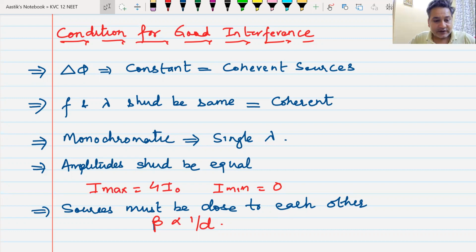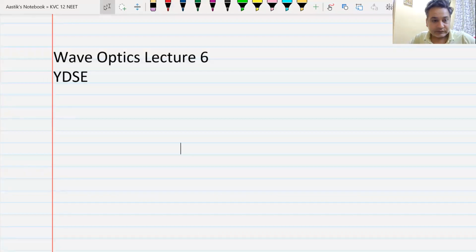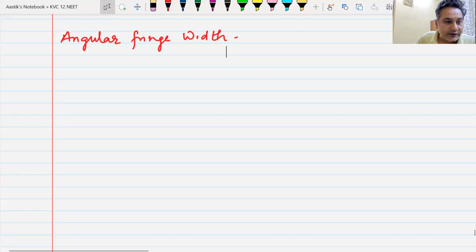The next heading that we are going to write is angular fringe width. Now, what do you mean by this angular fringe width?